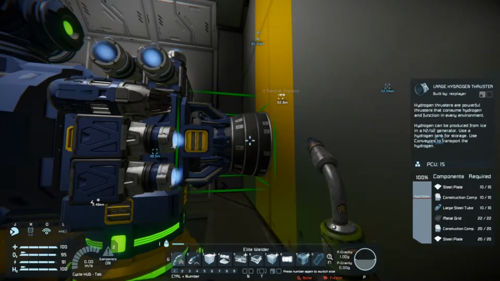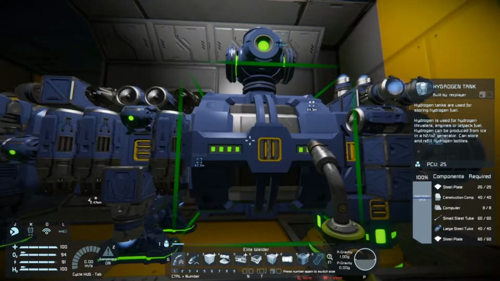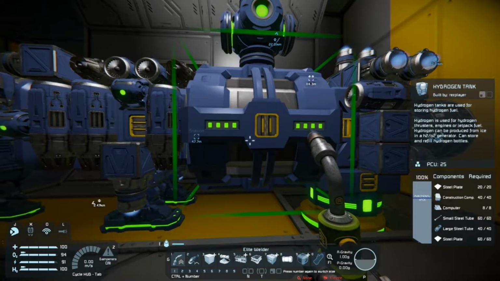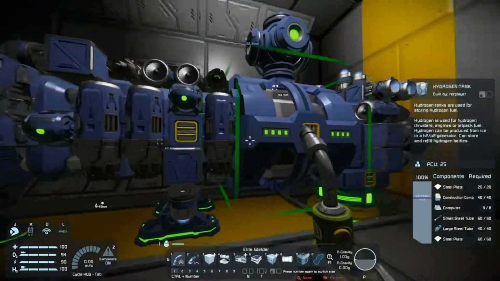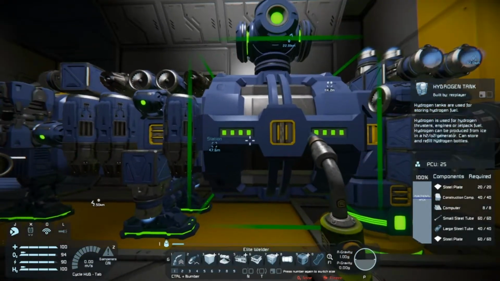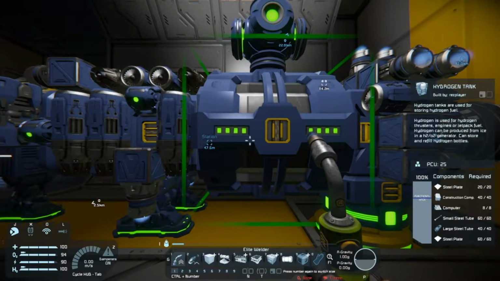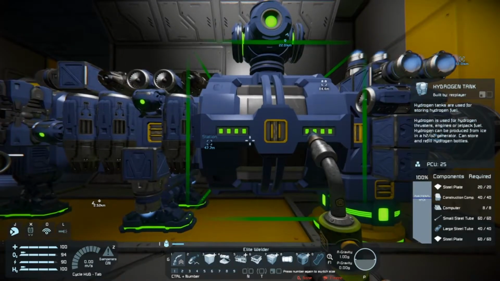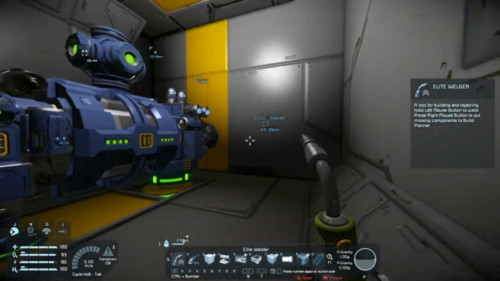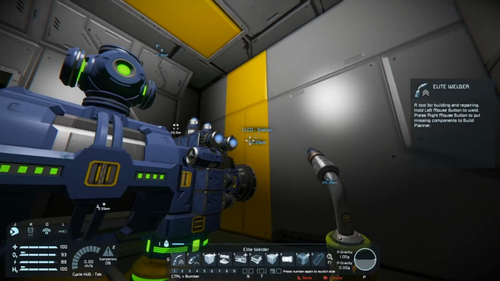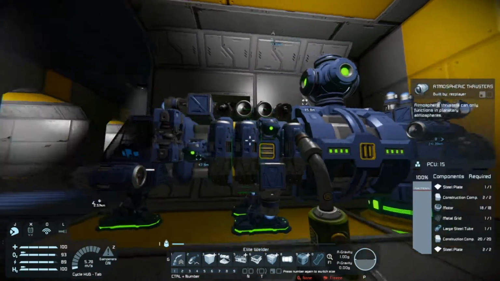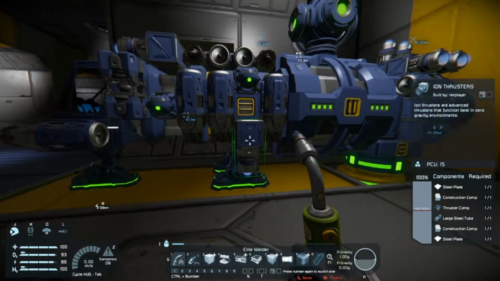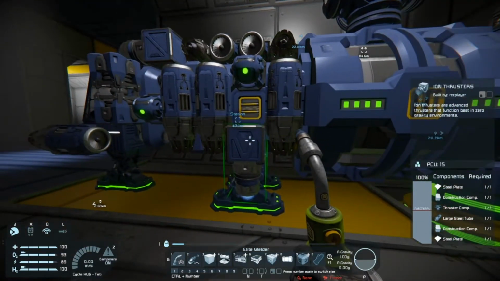The drawback of a hydrogen thruster is that it needs a hydrogen tank, and it goes through fuel pretty quickly. So you have to manage this and make sure that this tank will last you all the way through the atmosphere of the planet and the gravity of the planet to where you can use your ion thrusters to get around in 0G.